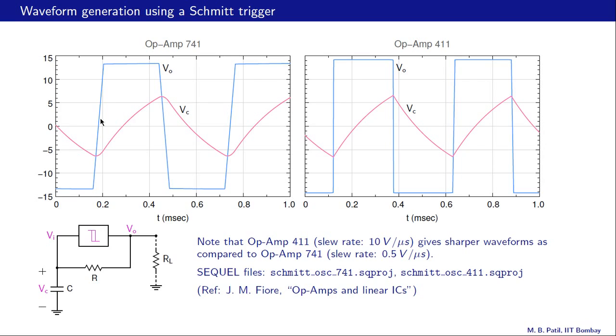We have these slopes here. Whereas if we use another op amp with a higher slew rate, like op amp 411, which has a much higher slew rate, 10 volts per microsecond, then we can get sharper waveforms. So that's an important point, and we should remember that if we want to implement that in the lab or for some application.